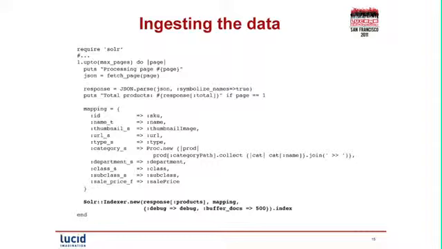And you can do a few different things in there, and there's one trick in there where you see that proc. That's the ability to execute a little bit of code to transform information as it comes in. In this particular case, the Best Buy data has a category path data structure, which is an array of category IDs and category names. And I simply joined all of the category names together and put a delimiter in between them. So that's my way of doing a little bit of transformation there.